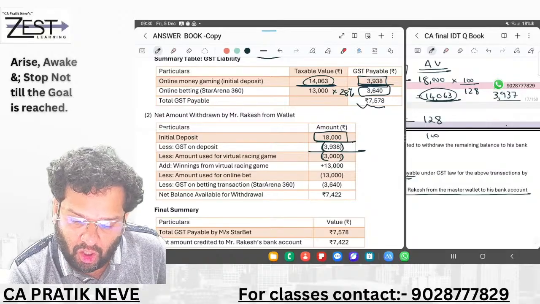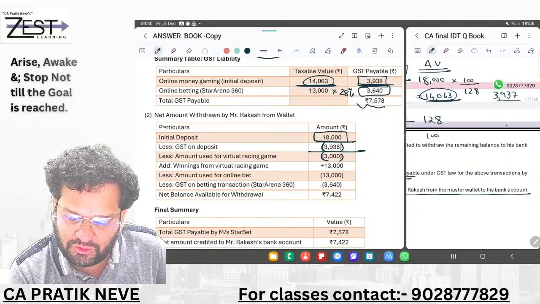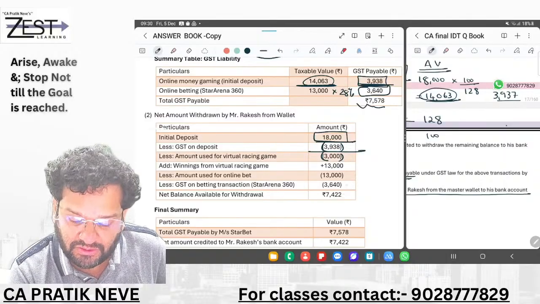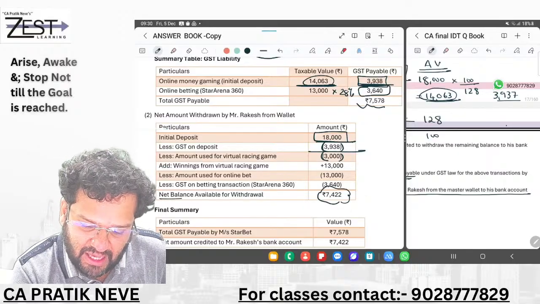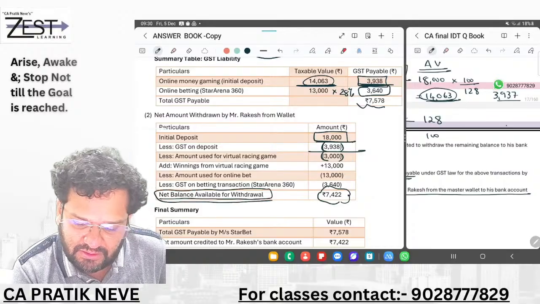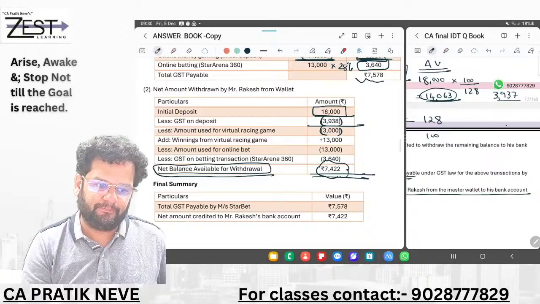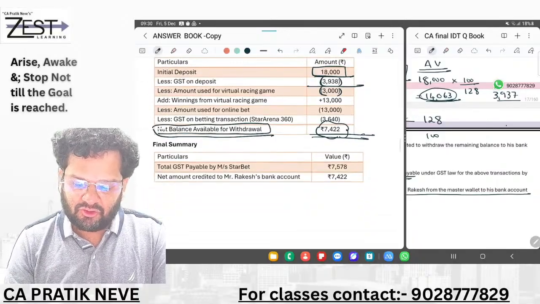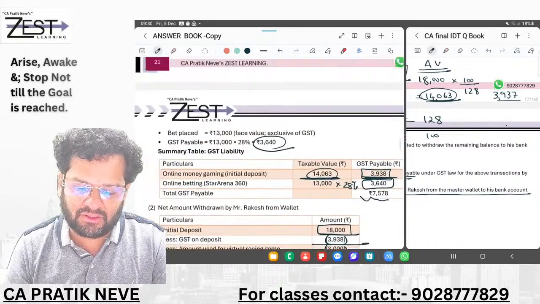And amount used for online betting was 13,000 and GST on that was, sorry, 3640. So amount which is available for withdrawal is 7422. Clear? So this way you can do this particular question.